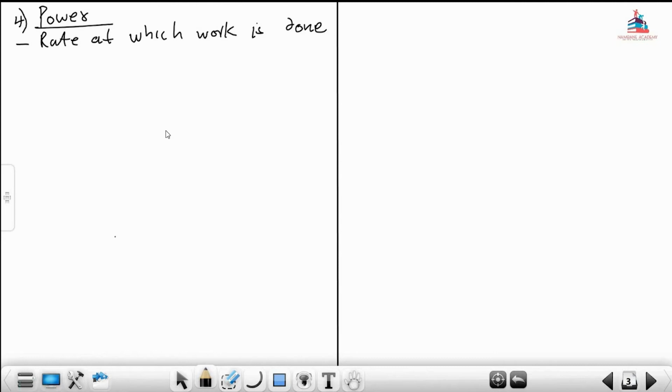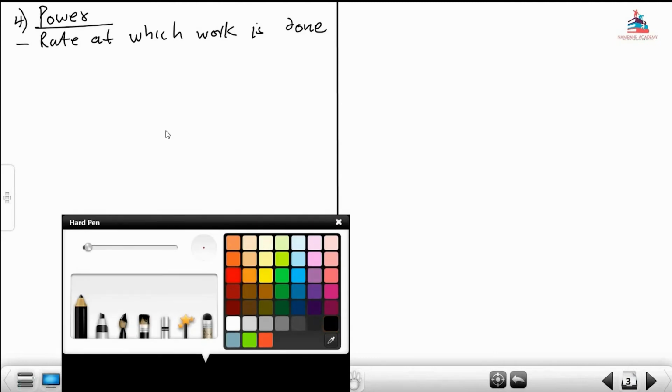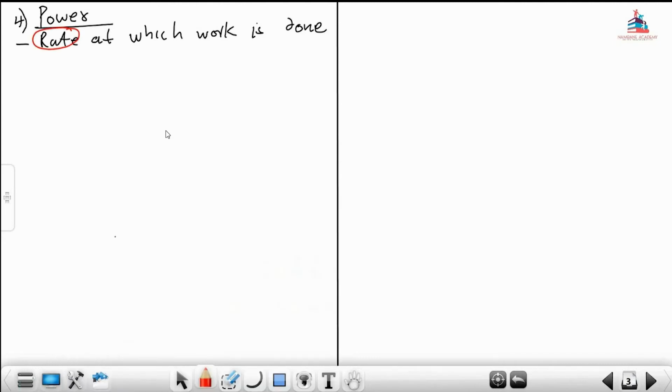So rate, we associate it now with time, and work done, we associate it now with energy.